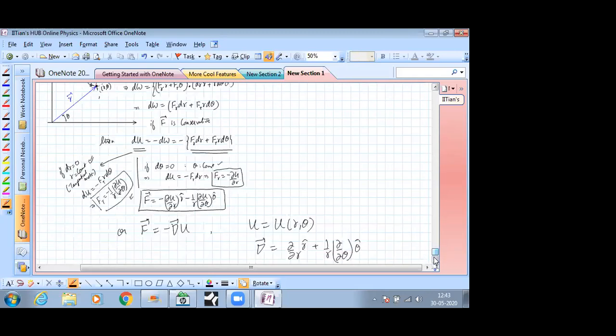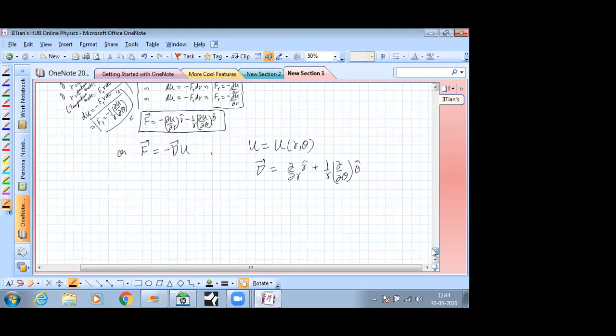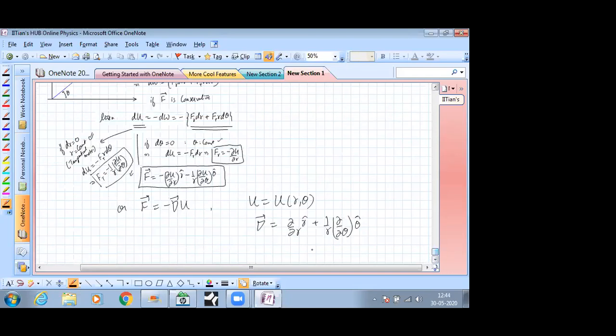Okay, people, hope this part is clear. So from this point onward, just keep in mind this formula: the gradient operator in polar system applies like this.